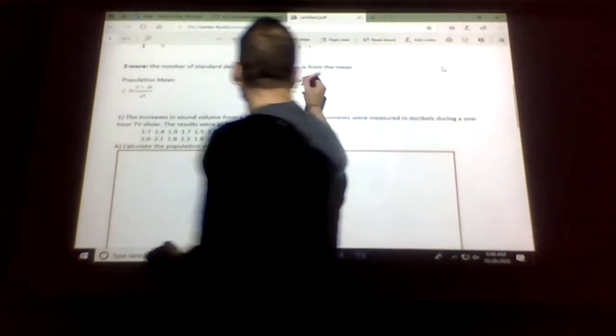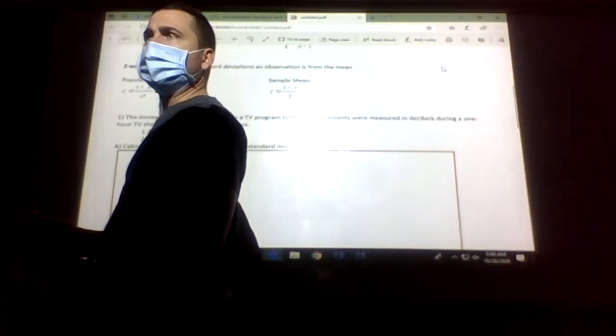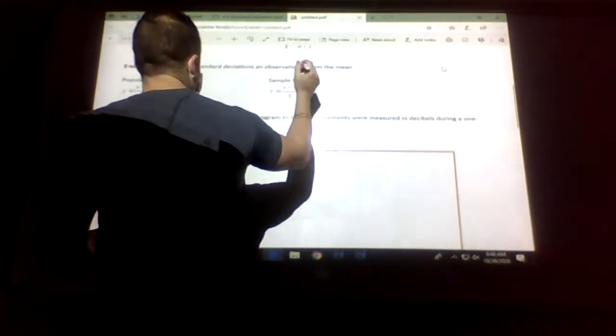Okay, then we have Z score. Was anyone still copying the other ones out? A Z score tells you how many standard deviations a particular result or data point is away from the mean. So it'll tell us how far it is away from the average.